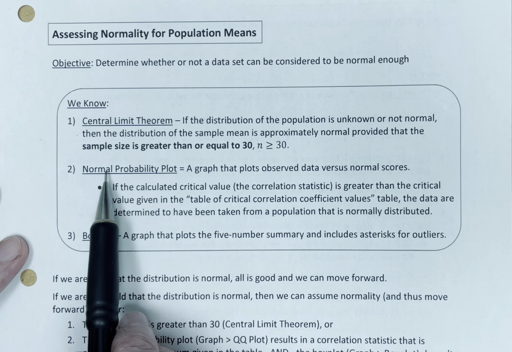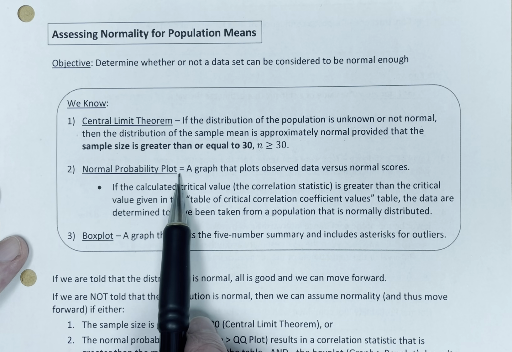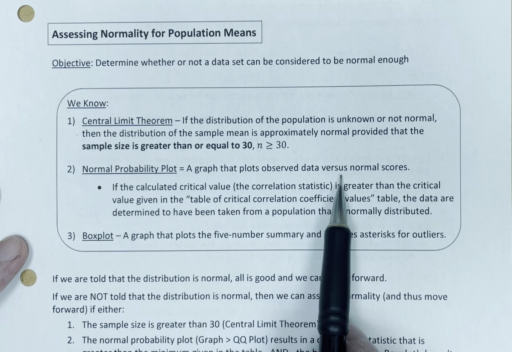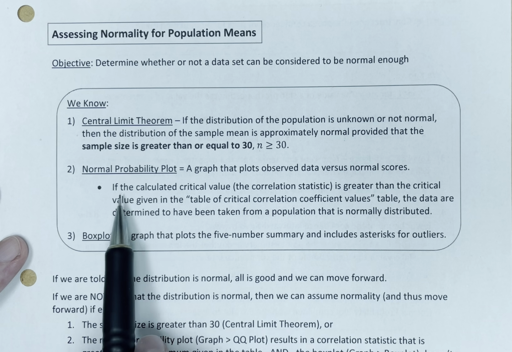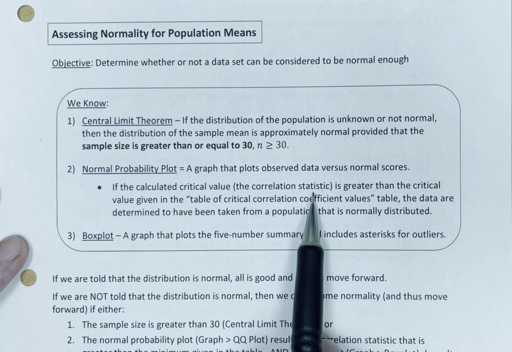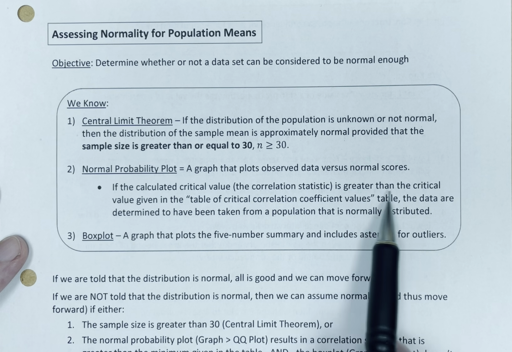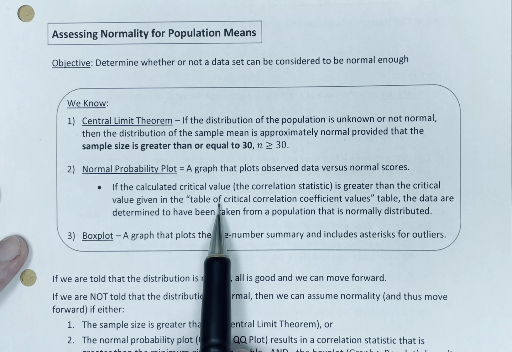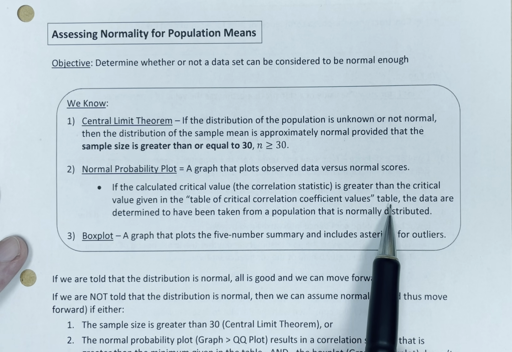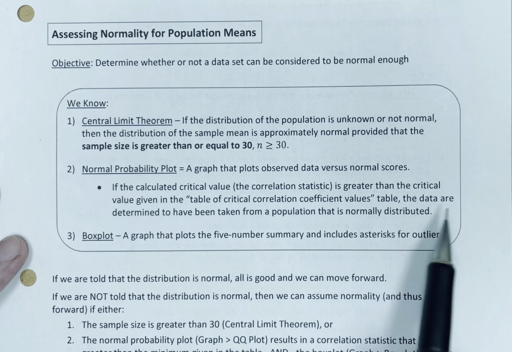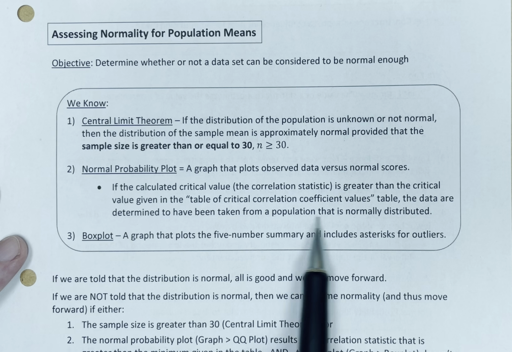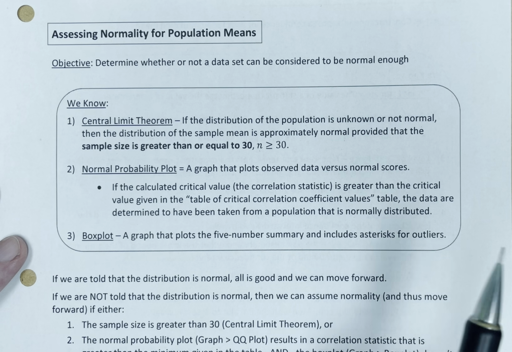Okay, we also learned about the normal probability plot. It is a graph that plots observed data versus normal scores. If the calculated critical value, called the correlation statistic, is greater than the critical value given in the table of critical correlation coefficient values, that's a mouthful, the data are determined to have been taken from a population that is normally distributed.